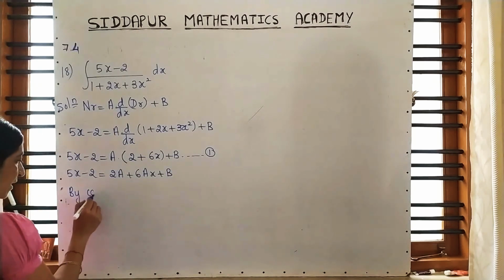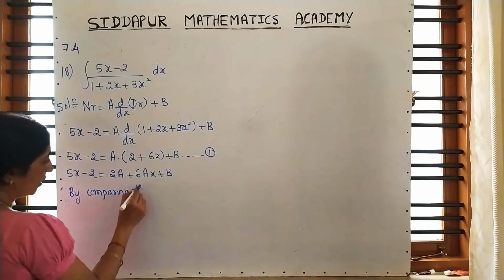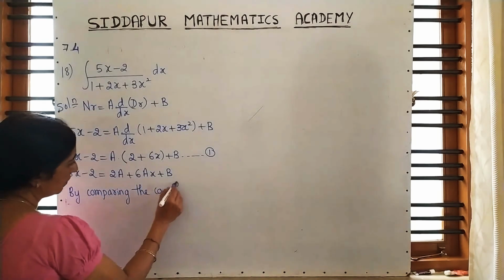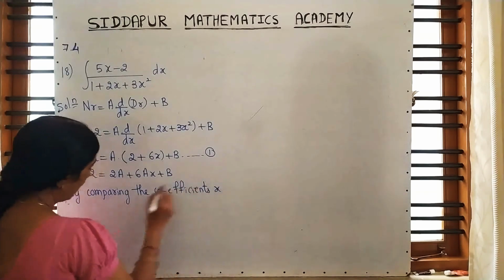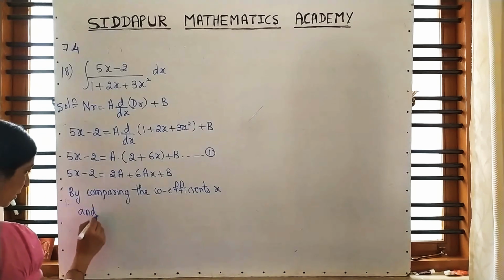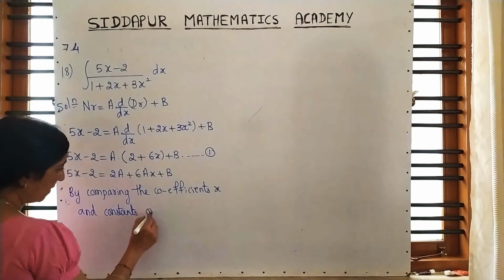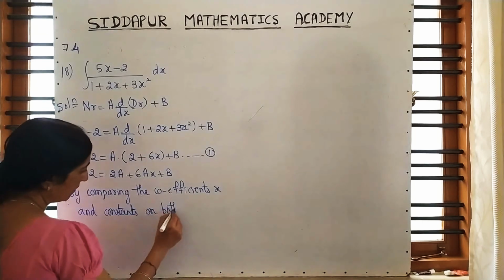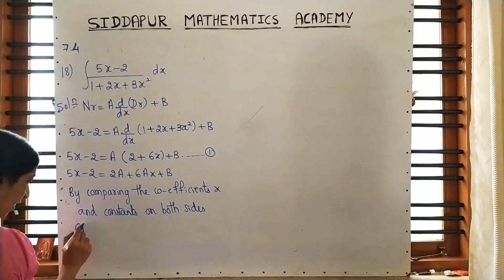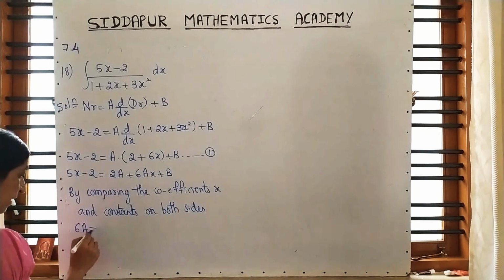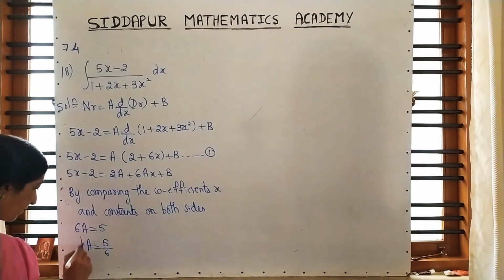By comparing the coefficients of x and constants on both the sides. The x coefficient is 6a on the right side and on the left side it is 5. So a is 5 upon 6.